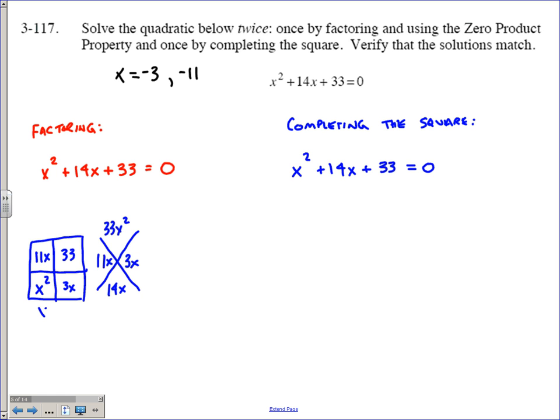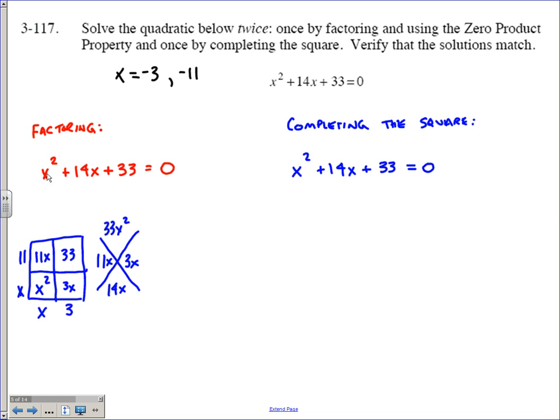That's simply an x. X times what gives me x squared? That's going to have to be an x. X times what gives me 11x? That's going to have to be an 11. Same thing over here. X times 3 gives me 3x. And we can double check by 3 times 11 giving us 33.